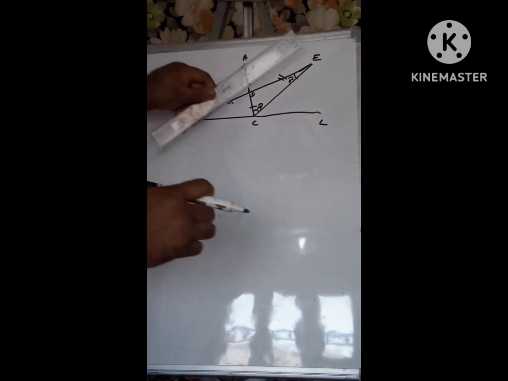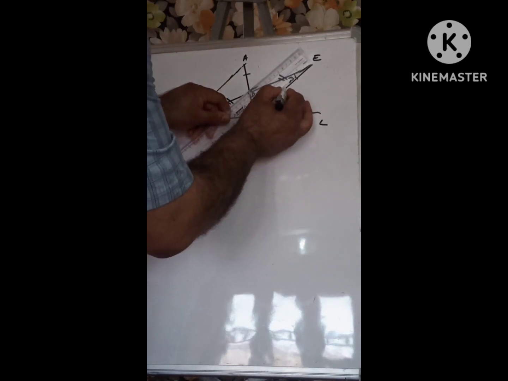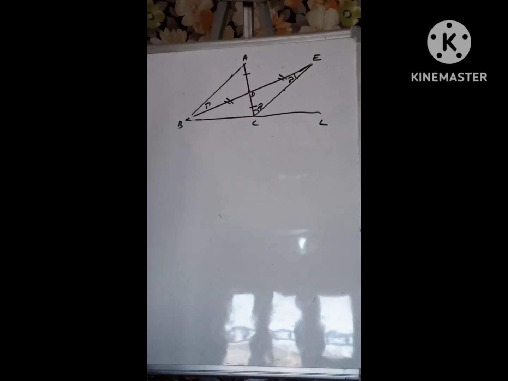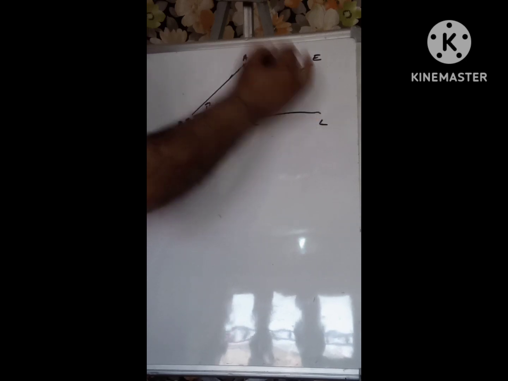So I have to take the midpoint of, roughly speaking, this is the midpoint of EC. I'm going to call this point D double dash.